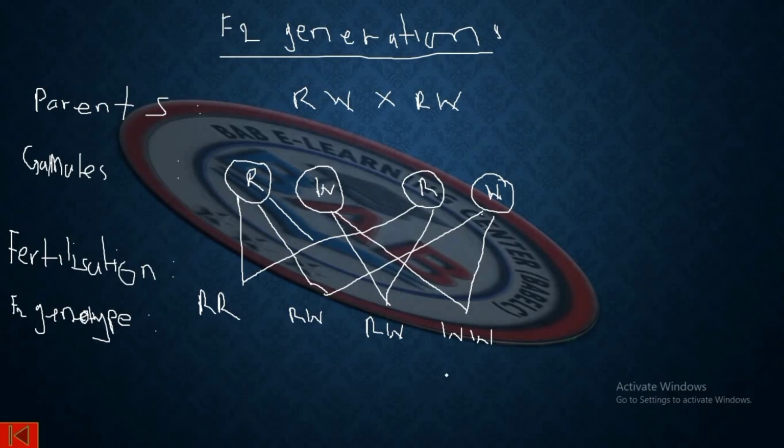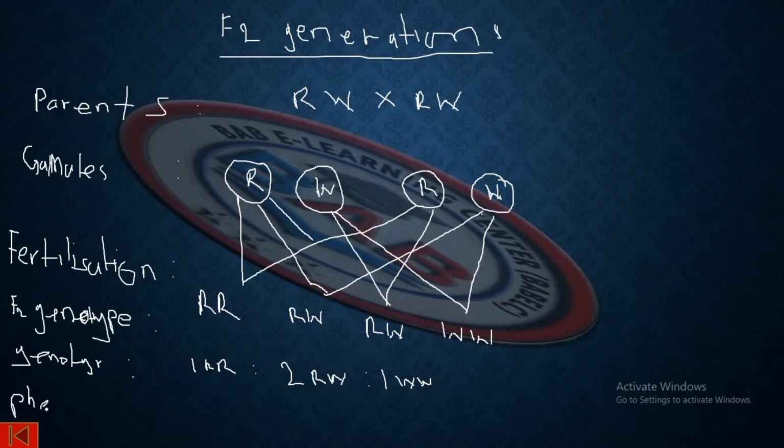This is the genotype. What is the genotypic ratio? We have 1 RR, 2 RW, and 1 WW.